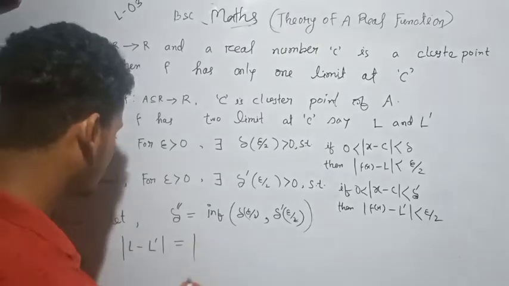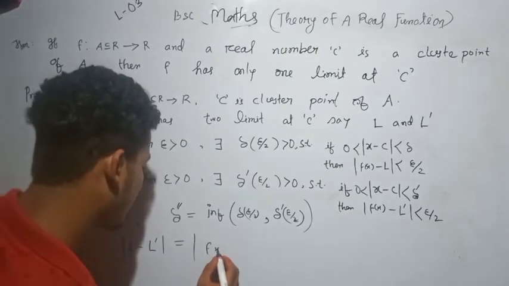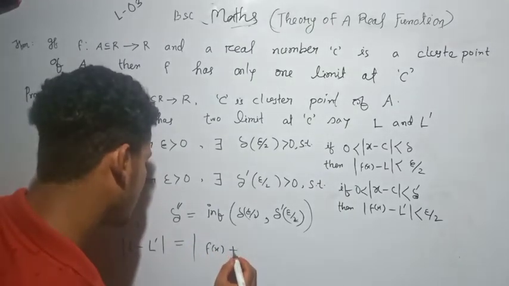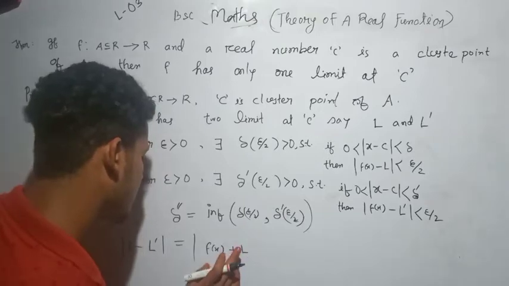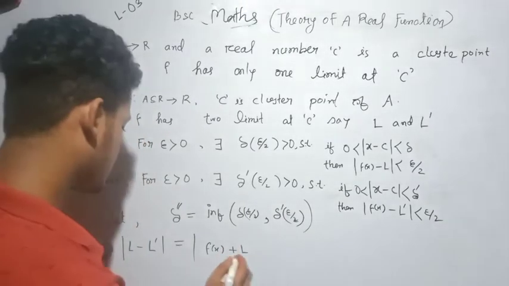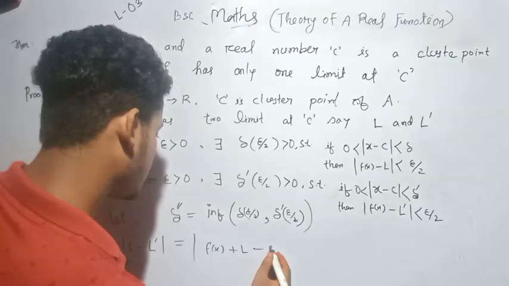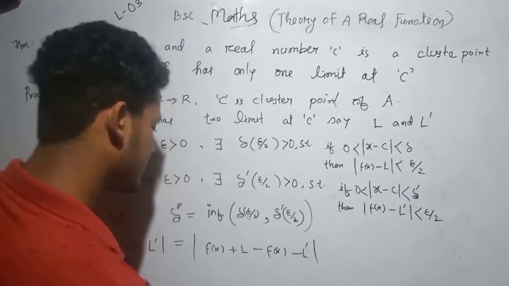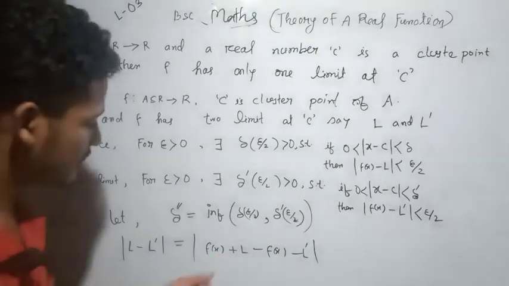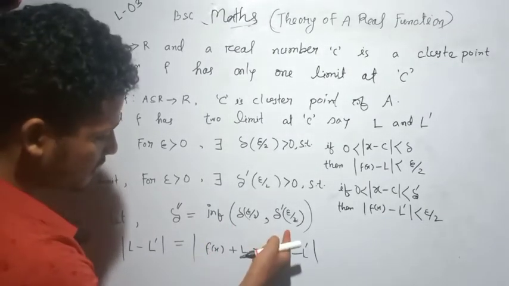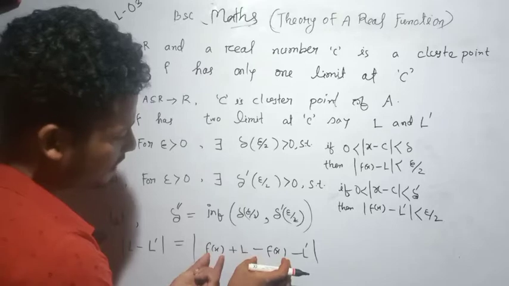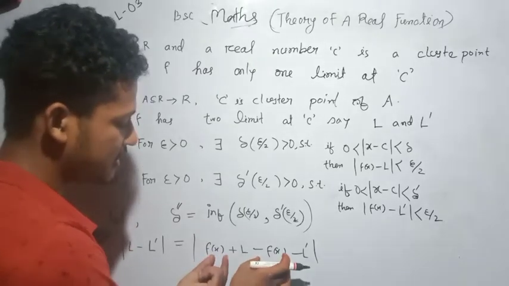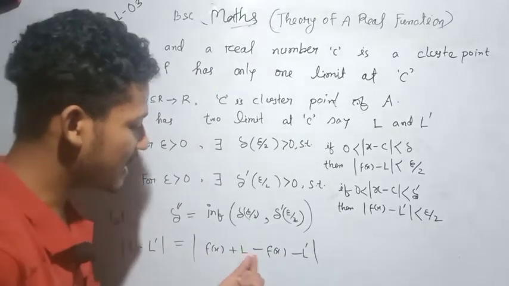This is equal to f of x plus L minus f of x minus L dash. Can we write it like this? This f of x minus f of x will be cancelled out, and what remains is L minus L dash.